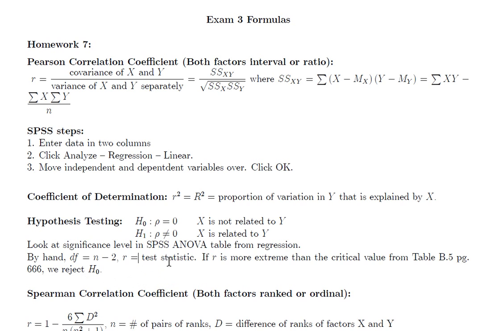Now, if we had data, we would do as we did in the previous problem and just look at the significance level in the SPSS ANOVA table. But we don't have that. So we need our degrees of freedom, R is our test statistic, and then compare that in table B.5.